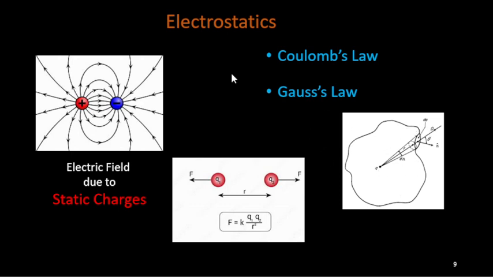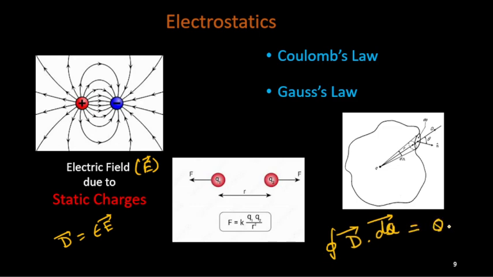The total surface integral of the displacement density vector equals the total charge enclosed. If D is the displacement density vector, which we will discuss later, then D equals epsilon times E, where E is the electric field, so D is independent of the medium. The surface integral of D dot dS vector, or dA, will equal the total charge enclosed within this region.